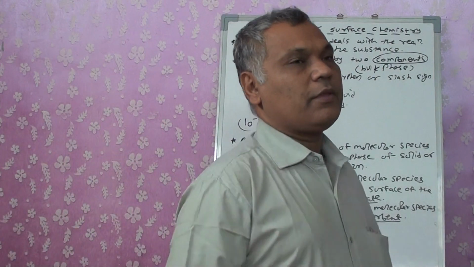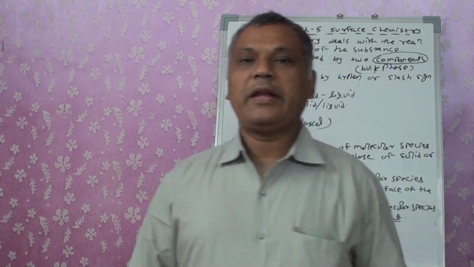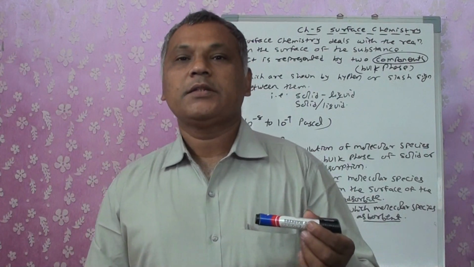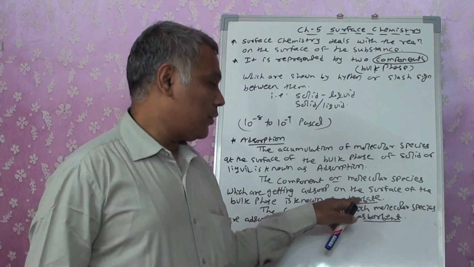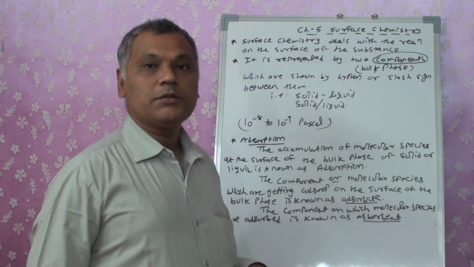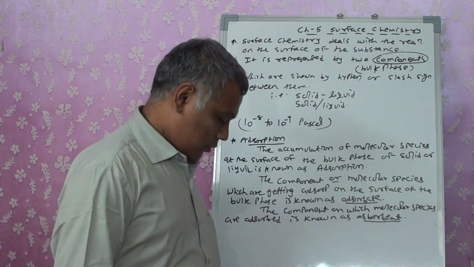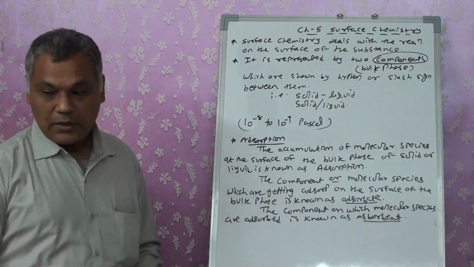For this, the example we took was pen and water. Pen is the adsorbent, and the water which is getting adsorbed is known as adsorbate, right? So that is one particular example.